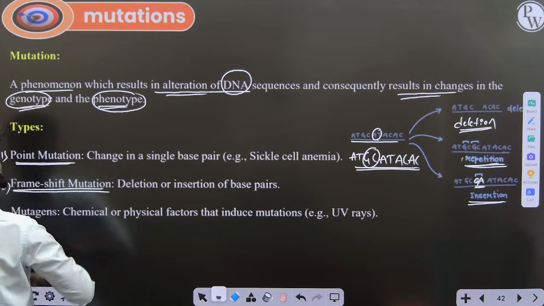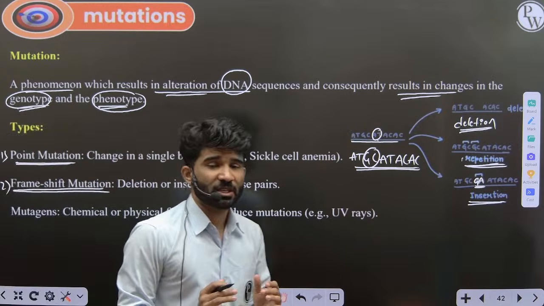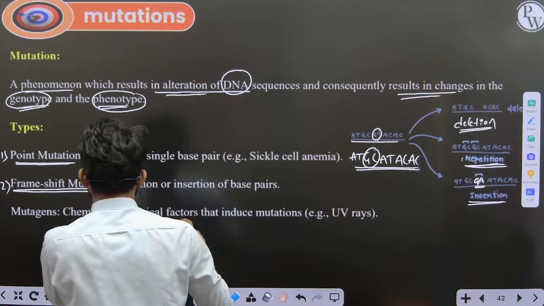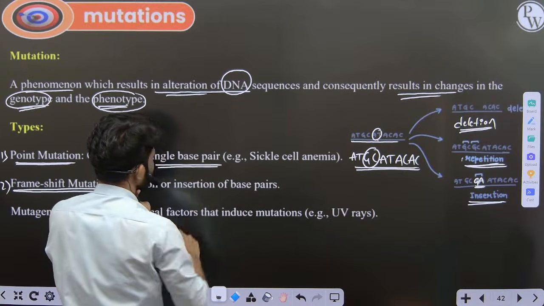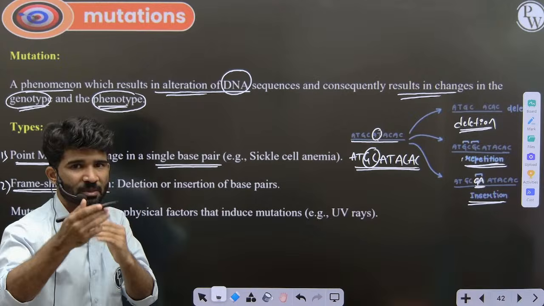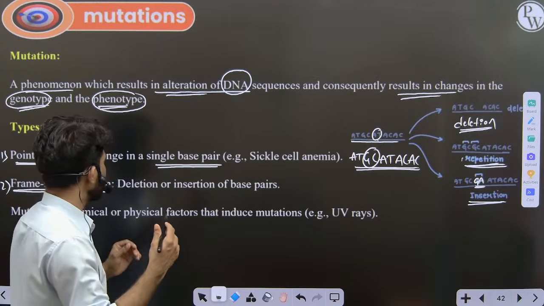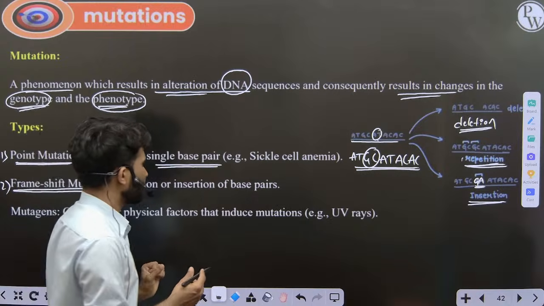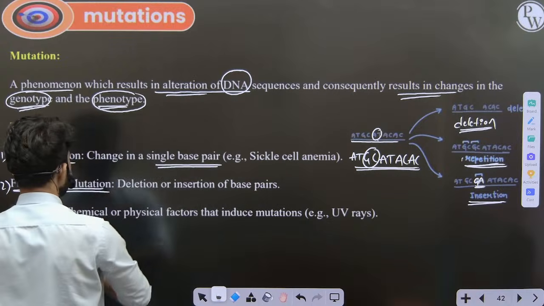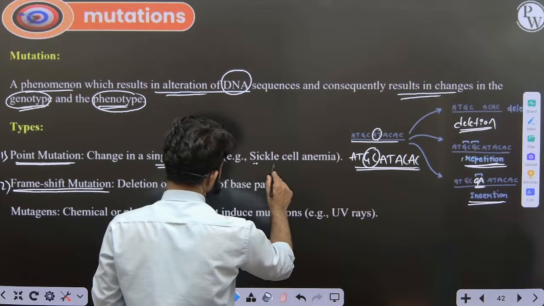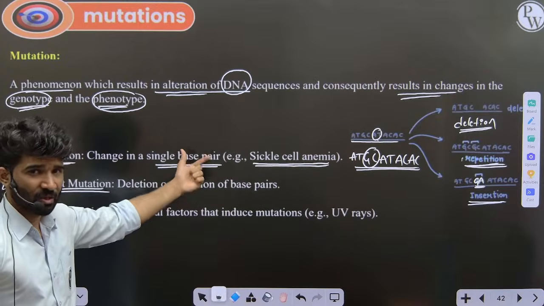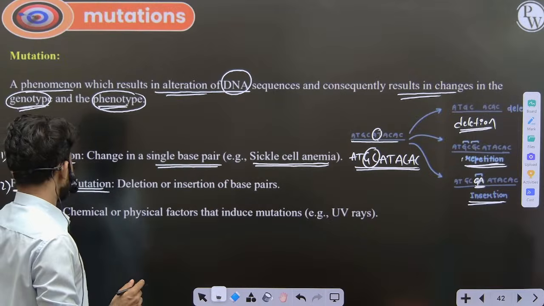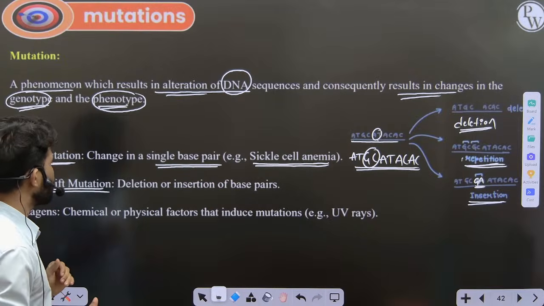In point mutation, there is a change at a single point, where only a single base pair has been deleted or changed. An example for point mutation is sickle cell anemia. We are going to study point mutation and frame shift in detail.